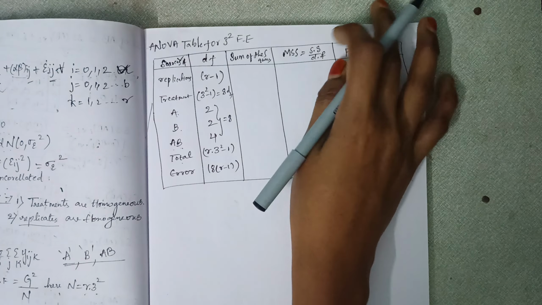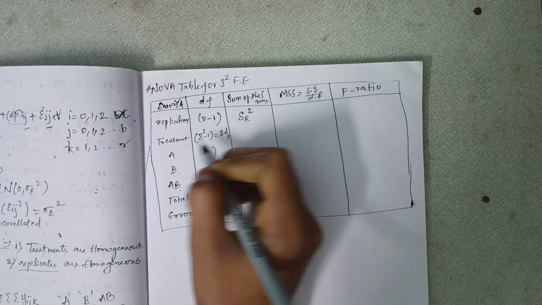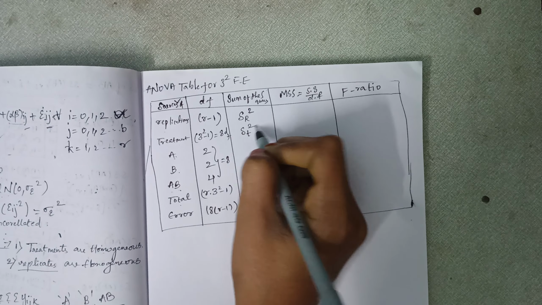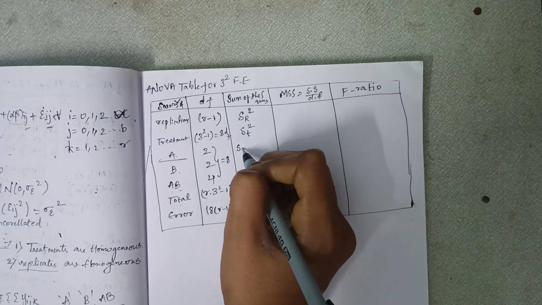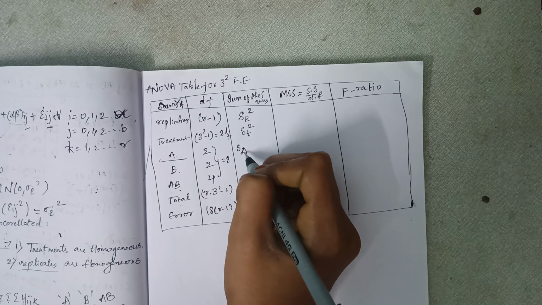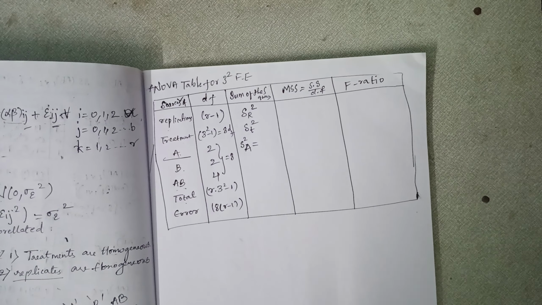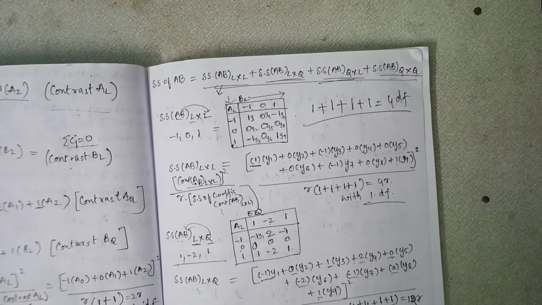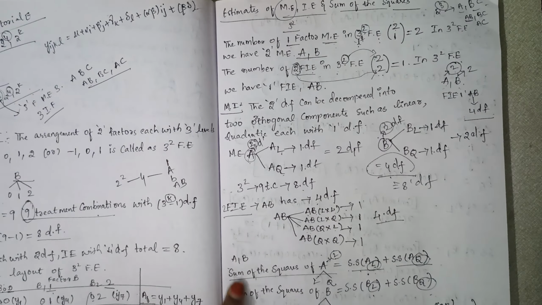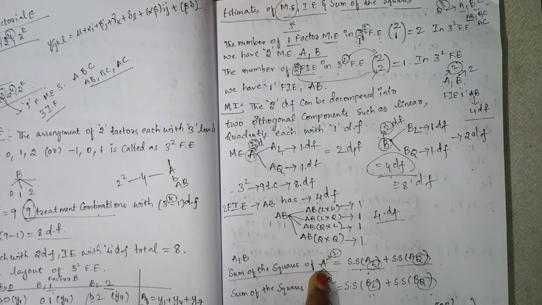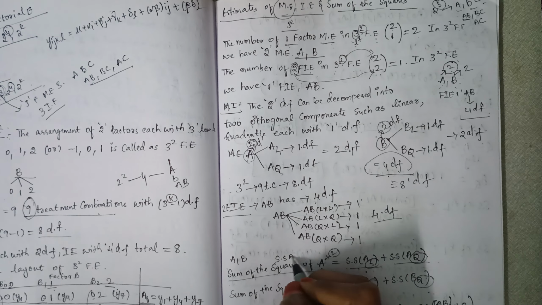And sum of the squares, which is equals to replications, that is SR square, this treatment ST square, and the sum of the squares of A will be written as SA square, that is equals to, we have found out the estimates of sum of the squares of the effect A. That is here, if you can see, sum of the squares of effect A, which can be denoted as SSA.